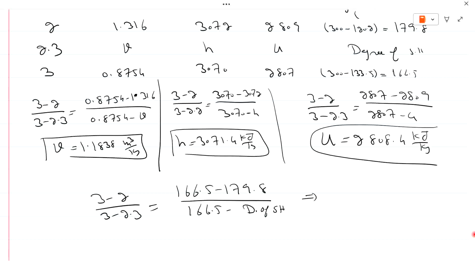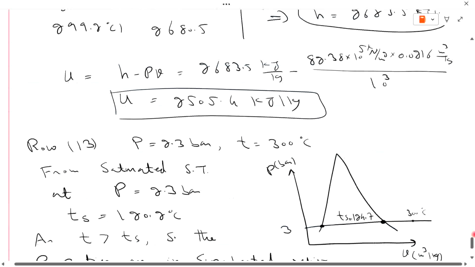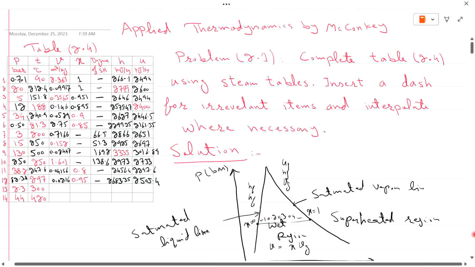So the degree of superheat is equal to 175.81 degrees centigrade. So put these values in row number 13. So in row number 13, degree of superheat is equal to 175.81.